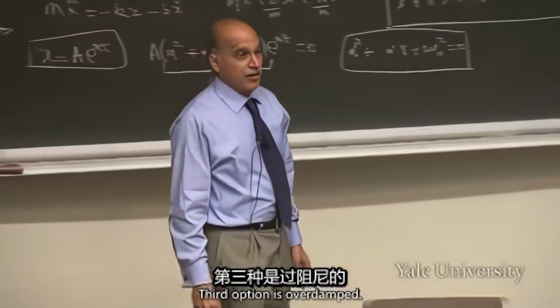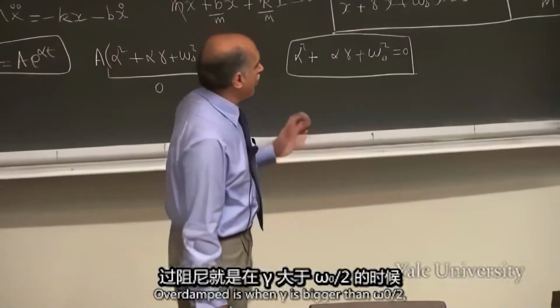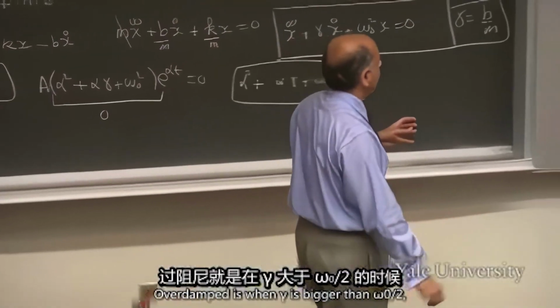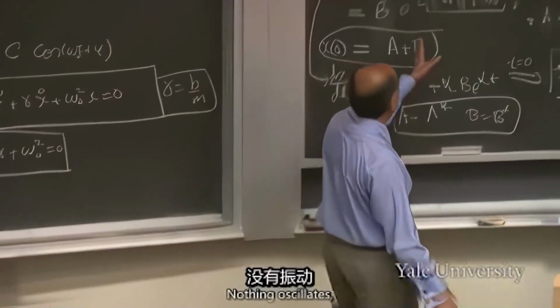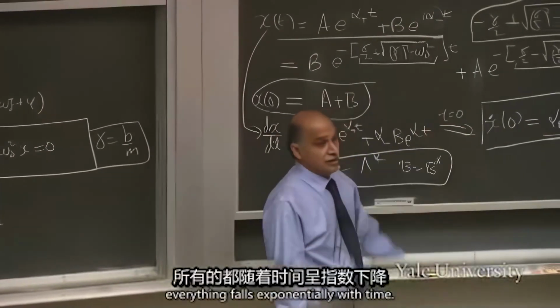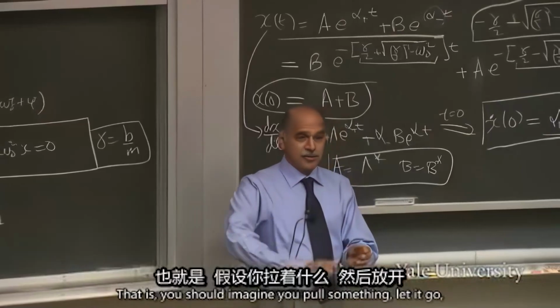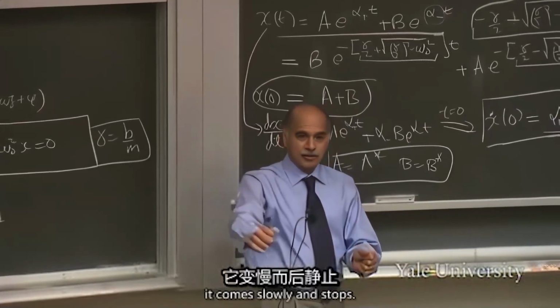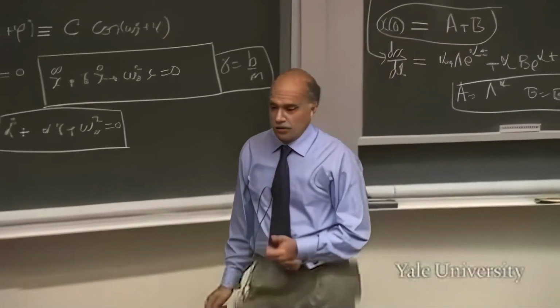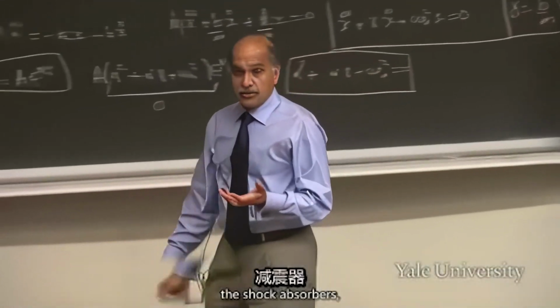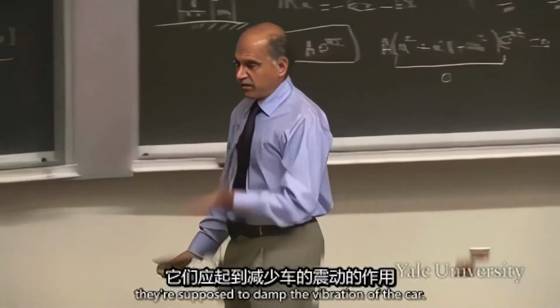The third option is overdamped. Overdamped is when gamma over 2 is bigger than omega naught, then the answer is nothing that oscillates. Everything falls exponentially with time. There you should imagine you pull something, let it go, it comes slowly and stops. When you buy shock absorbers for your car, they're supposed to damp the vibration of the car.